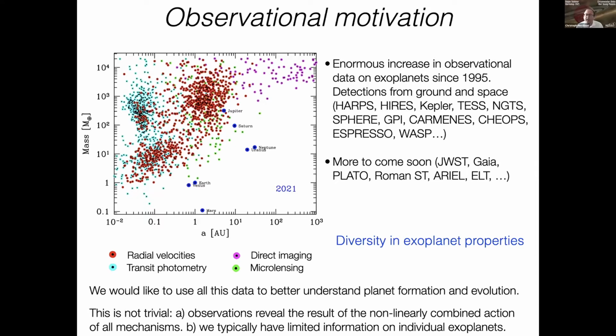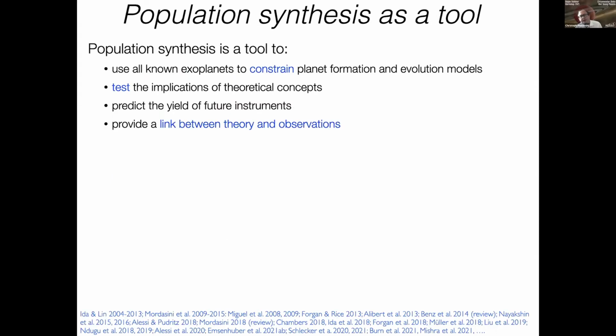Not only the grain opacity, but maybe also the solid accretion. And second, for exoplanets, we typically only have limited information on individual exoplanets. But of course, we now have demographic information. And this is where population synthesis comes in.